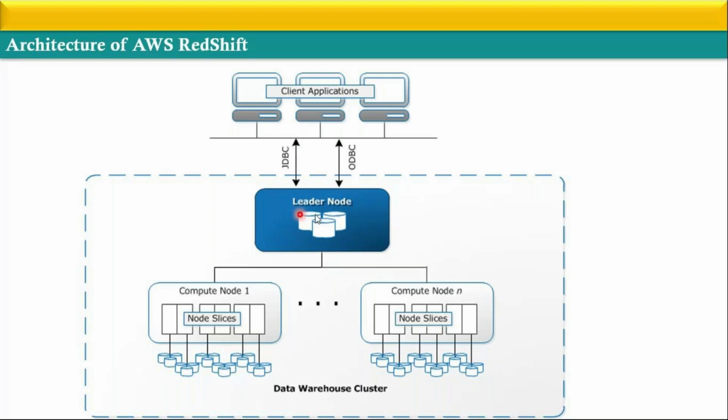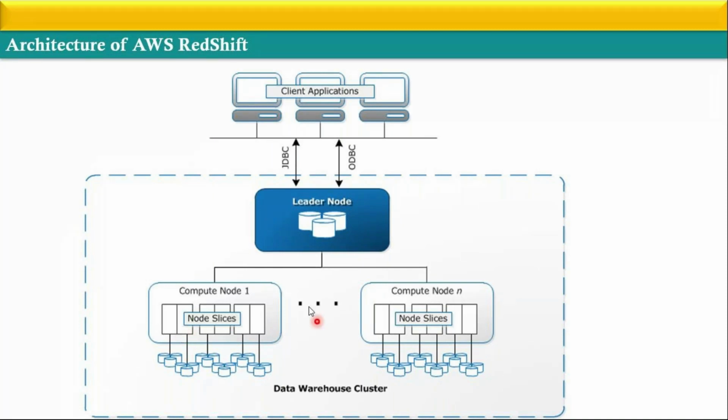If we have a task on the leader node, it divides that task among the compute nodes, and the compute nodes further divide that task into node slices, which are going to process your data.